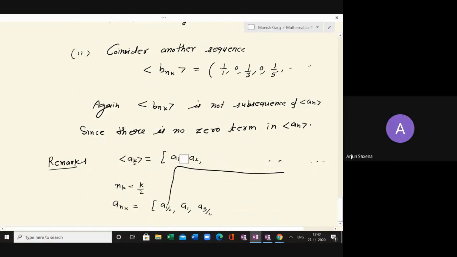Sir, is every subsequence a sequence? Is every subsequence also a sequence?